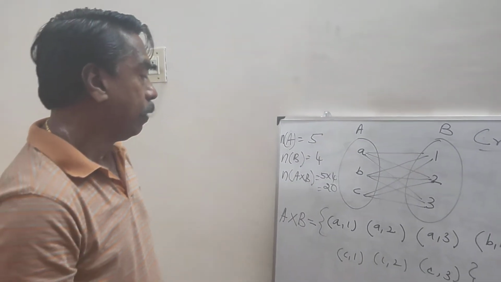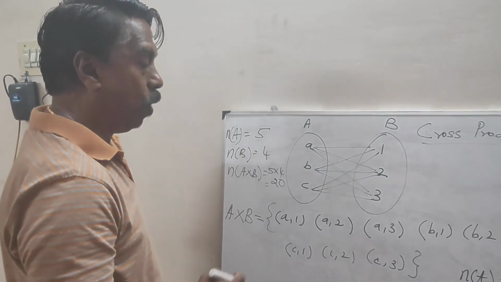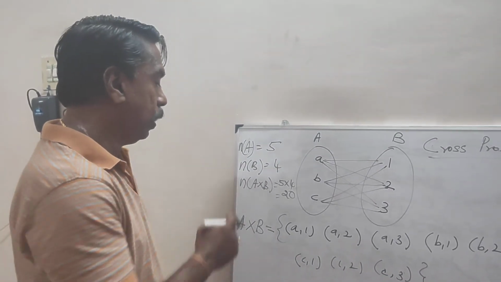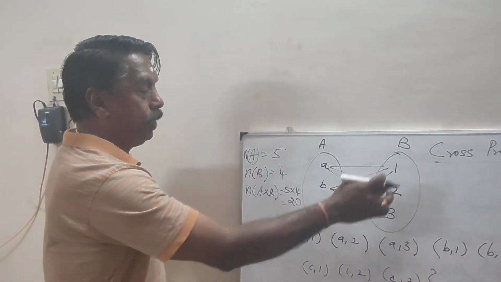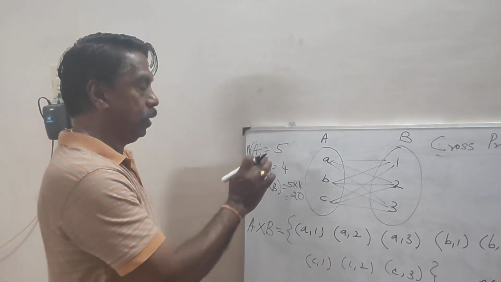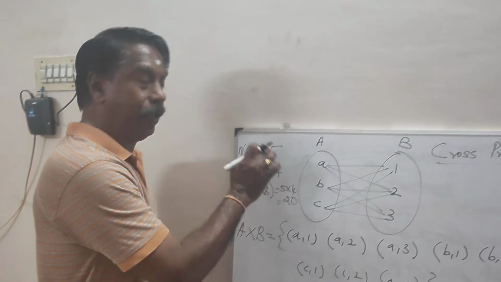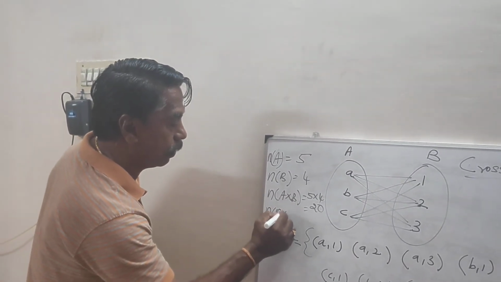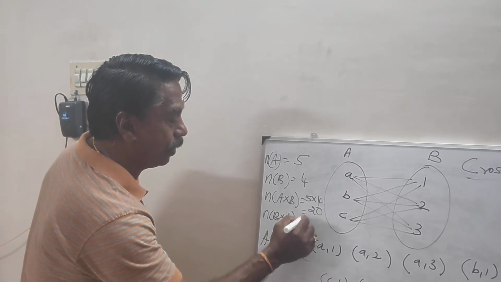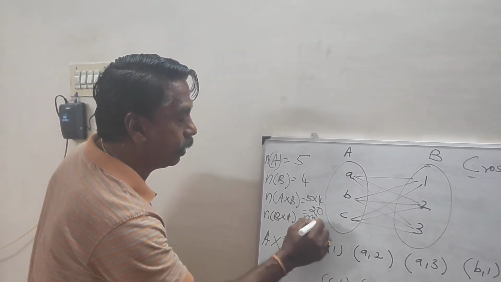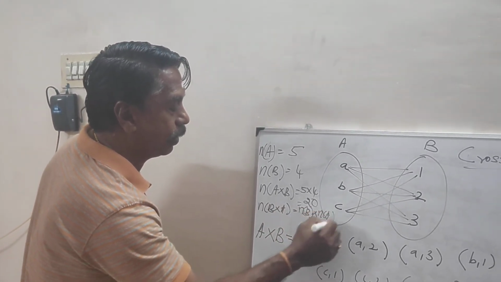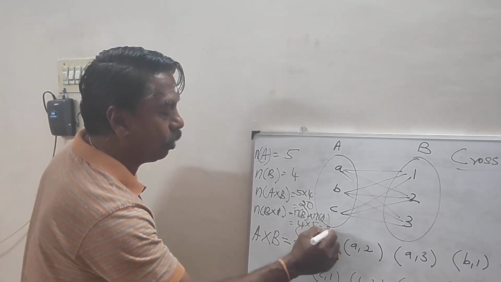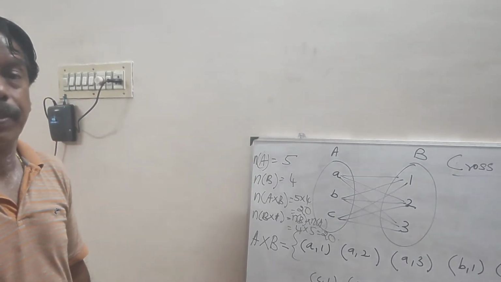Similarly, what happens if we find B cross A? n(B) is 4 here and n(A) is 5 here. So n(B cross A) is nothing but n(B) into n(A), that is 4 into 5, which is equal to 20.